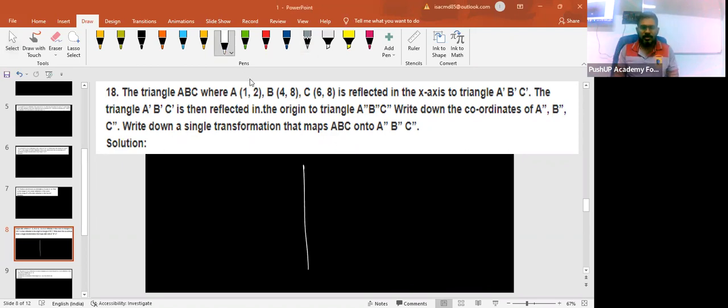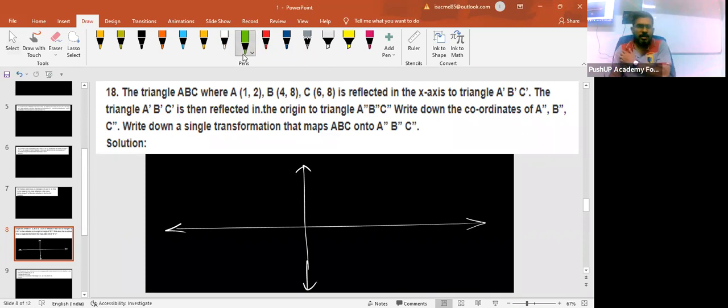This is your XY axis. The triangle ABC where A is (1, 2). So (1, 2) appears in the first quadrant, right? I'll take point A over here. Second point B (4, 8), somewhere over here.